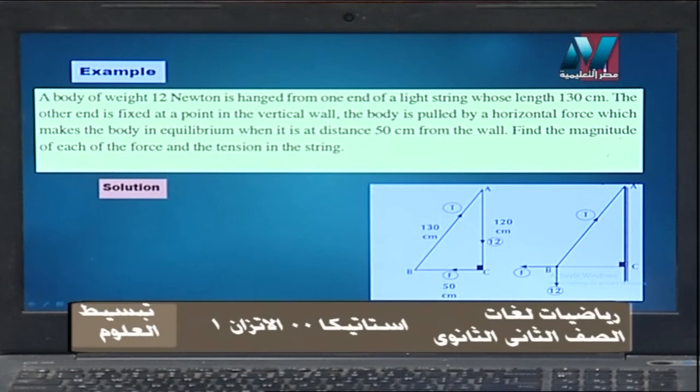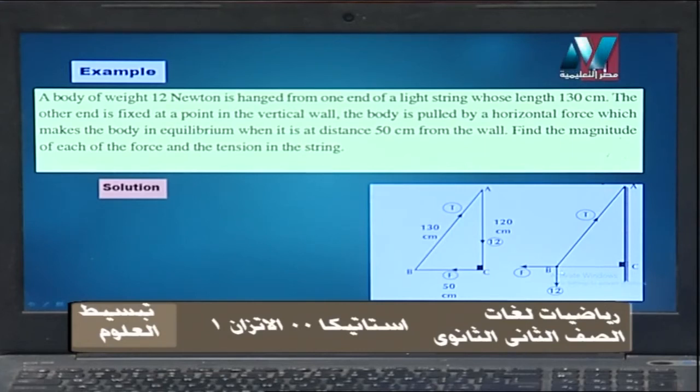We have three forces. The body, its weight equals 12, as it says here: a body of weight 12 Newton. And the weight always acts downward, vertically downward.